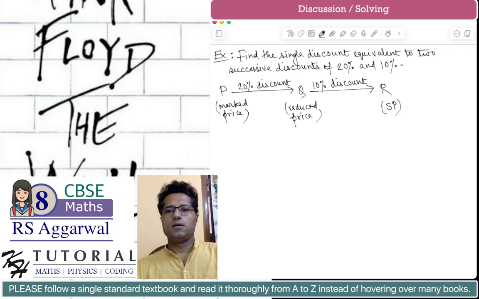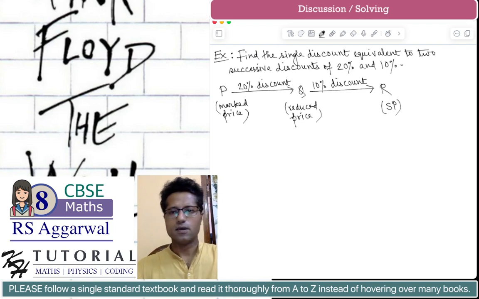So the 20% discount applied on the mark price P led to the reduced price Q, and then 10% discount on the reduced price Q gave the final reduced price or the selling price R. Now the question is asking, find the single discount equivalent to two successive discounts of 20% and 10%.